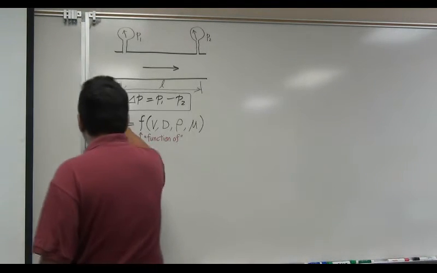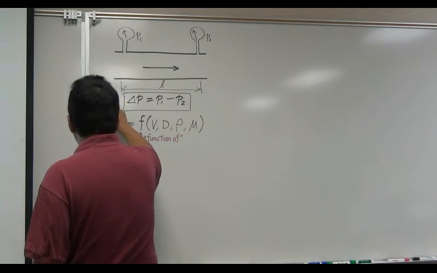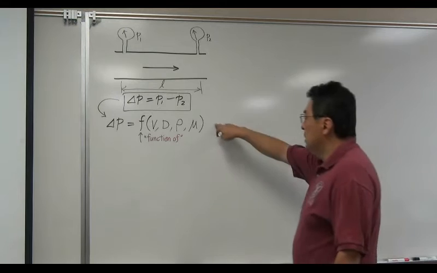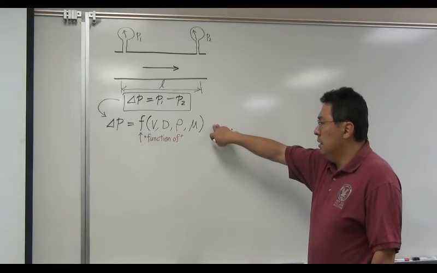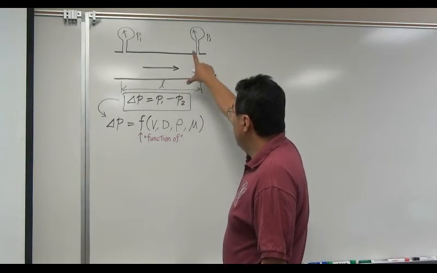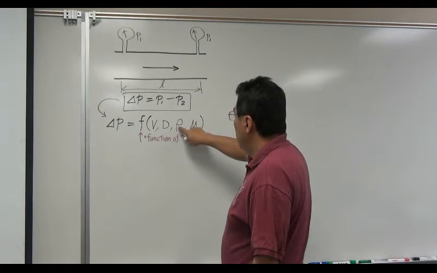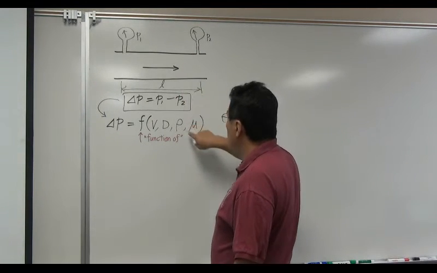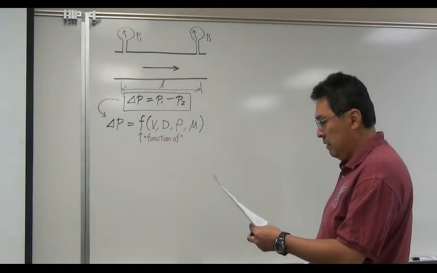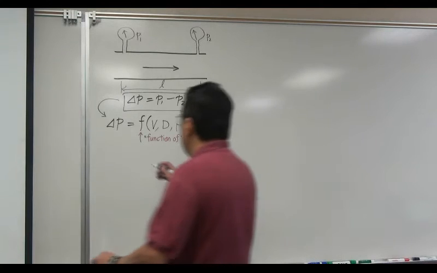So that much we know. Okay? So this is the expression saying delta P is a function of velocity, diameter, density, and viscosity of this pipe flow. Okay. So let's apply part A.